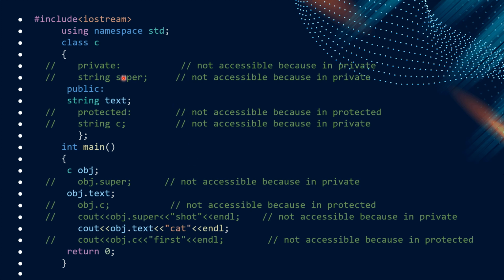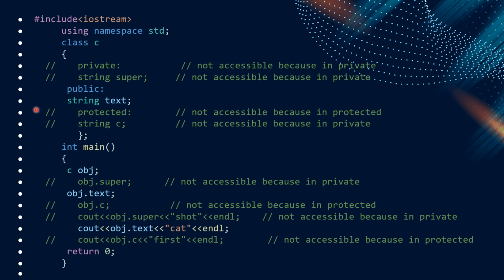Because I have commented out what is written in private and protected. When you remove the comment from the protected and private ones, you will get an error that what I have written in protected and private is not accessible.